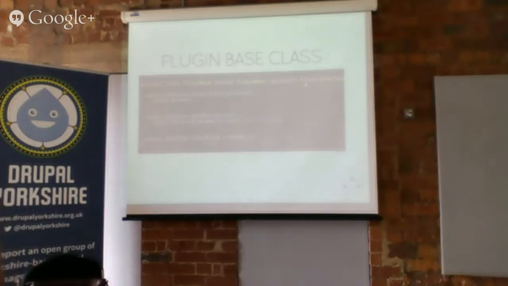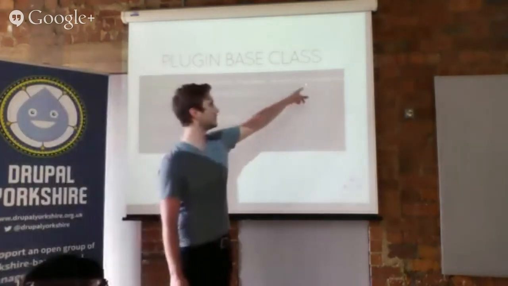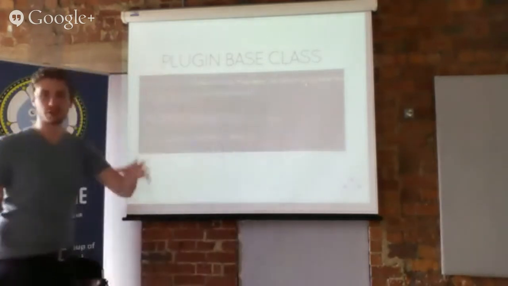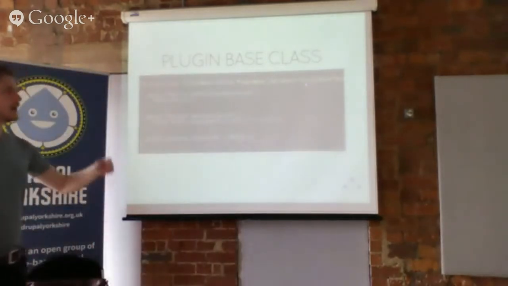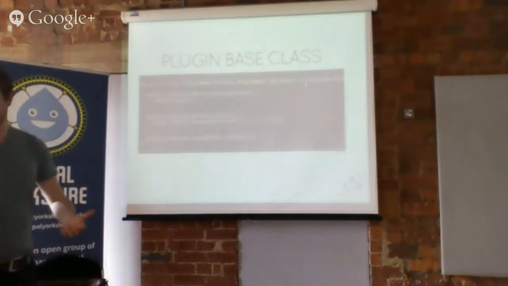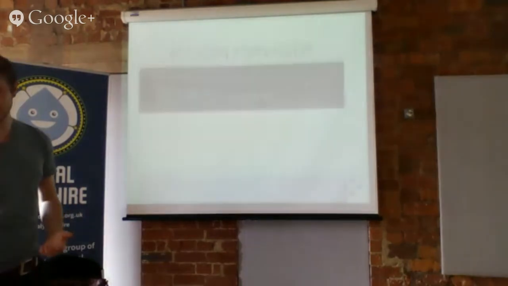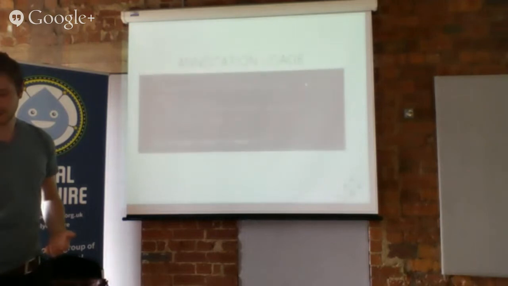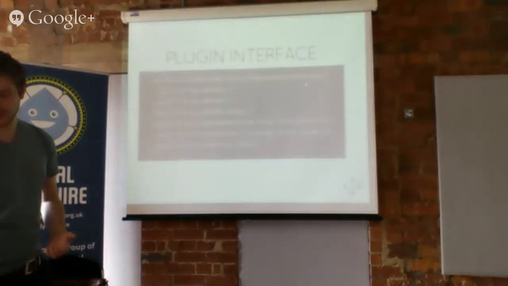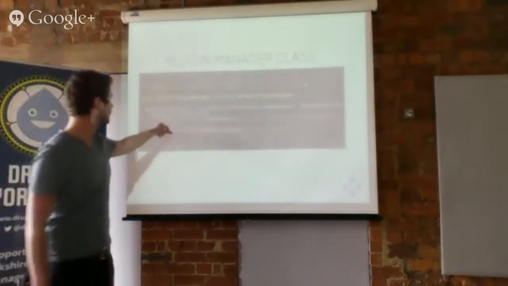So that's really it to creating a plugin. From there you can create a class that extends filter base, which therefore means it implements filter interface. So that contract is there. We can put the annotation on it, and we can make sure it's in the correct namespace.